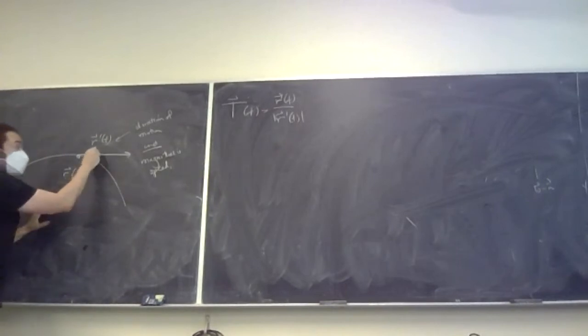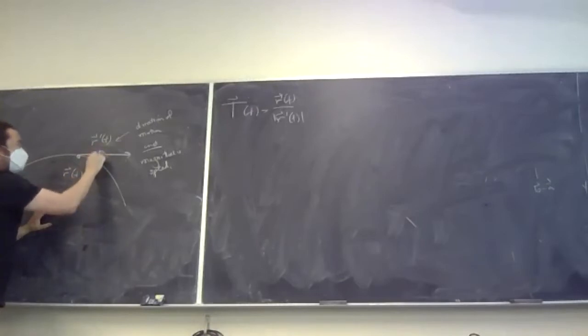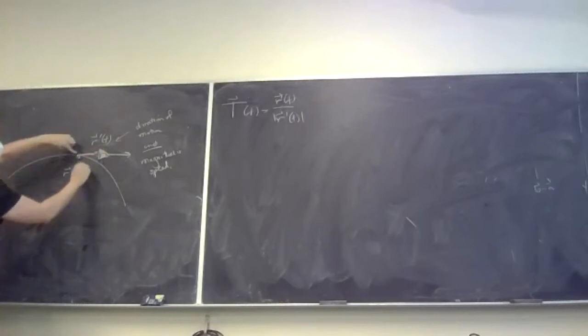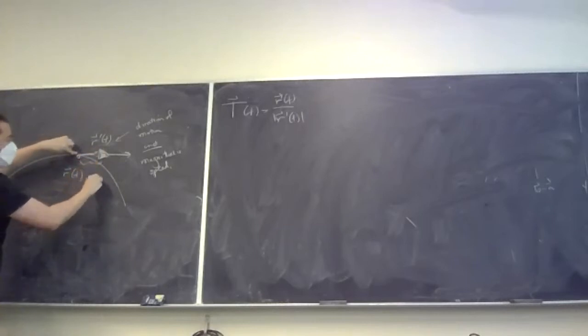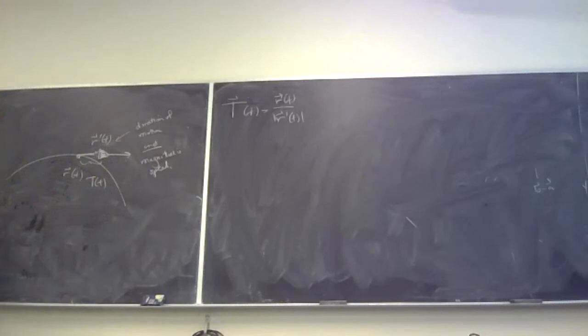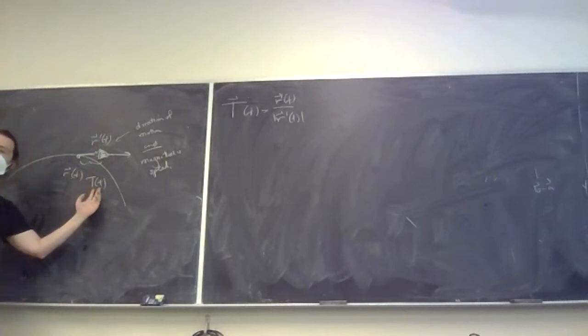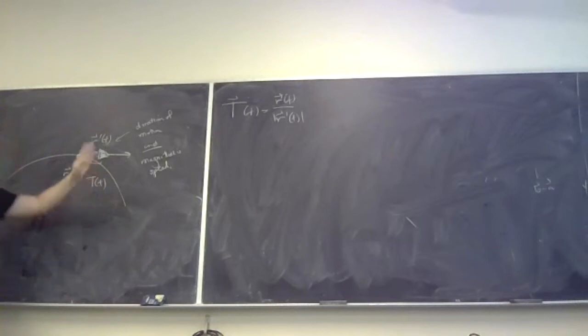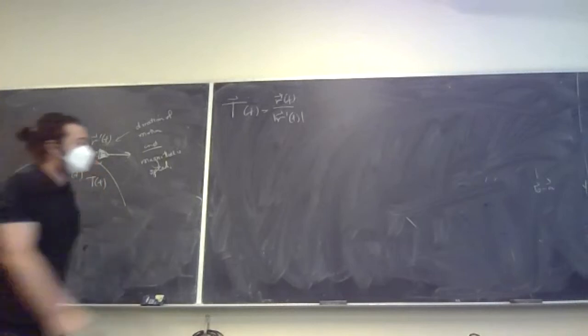So what I'm doing is I'm saying, okay, there's a vector here. I wish I had some chalk with multiple colors. There's a shorter vector here, capital T of t, which just tells us what direction the curve is turning. As the curve goes, this is like the slope of the tangent line in some sense. It doesn't tell us anything about speed, it just tells us how the curve turns.